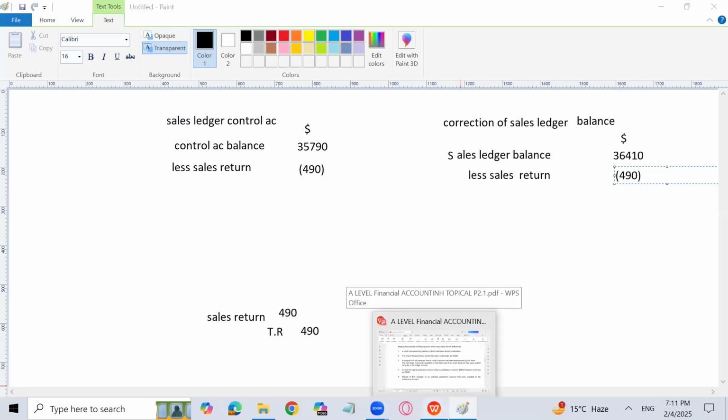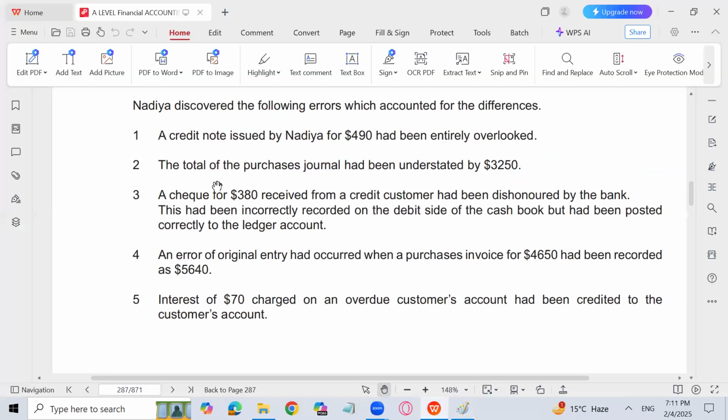Simple. Next is total of the purchase journal had been understated by 3250. Always remember that if there is an error in the total of books of prime entry, it will affect only the control account. But this is not the error which is going to affect our question right now. How, sir?